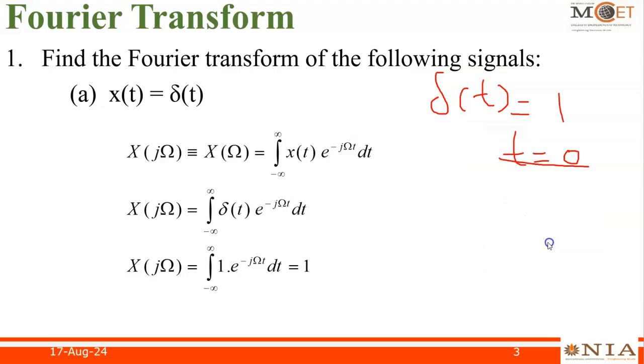And now we can find the Fourier transform value for the given signal x of t. This is the formula to find the Fourier transform of the signal x of t. Here, instead of x of t, we can substitute del of t, right?